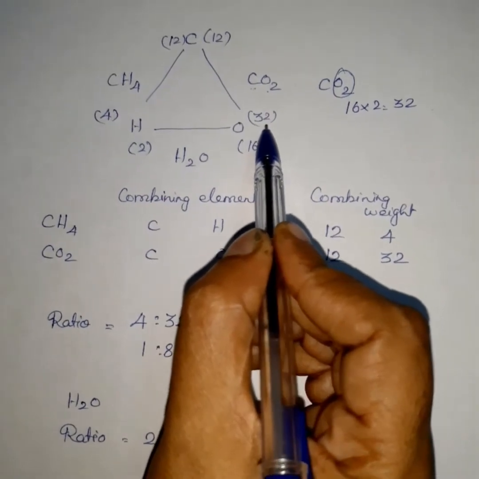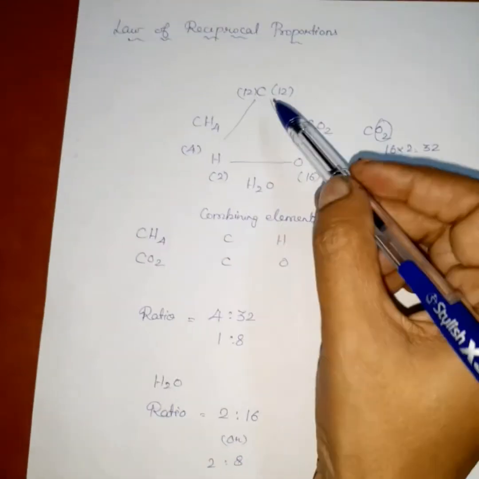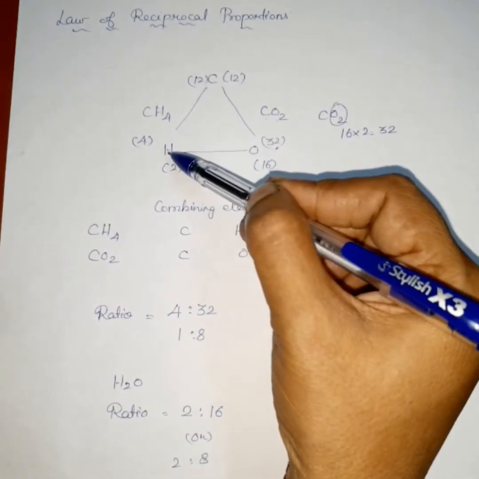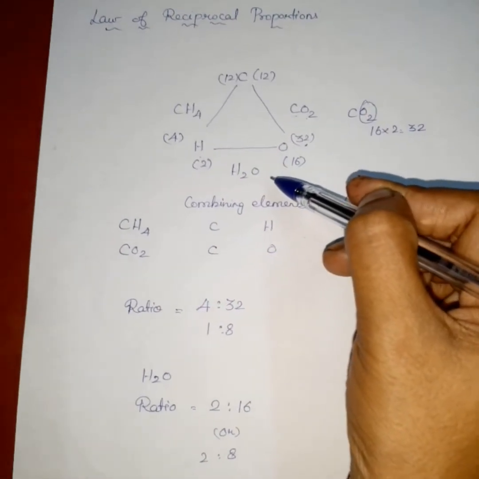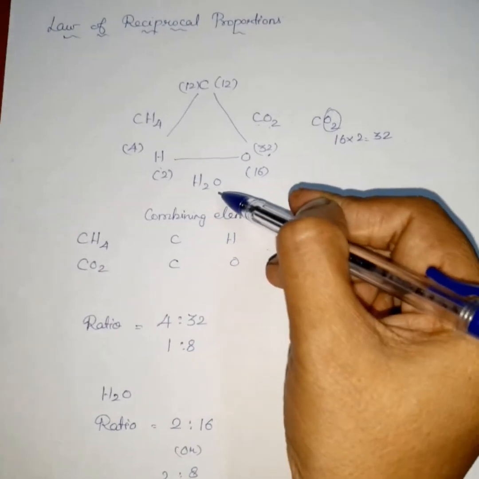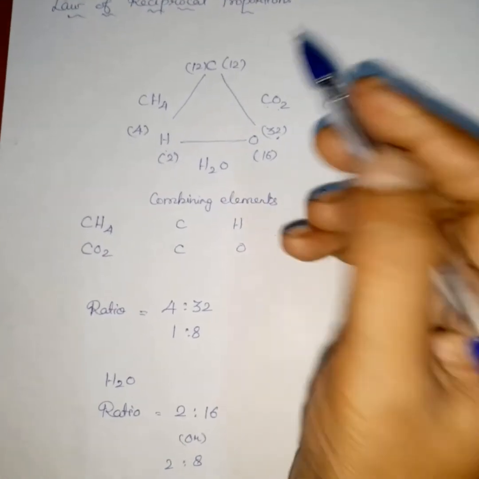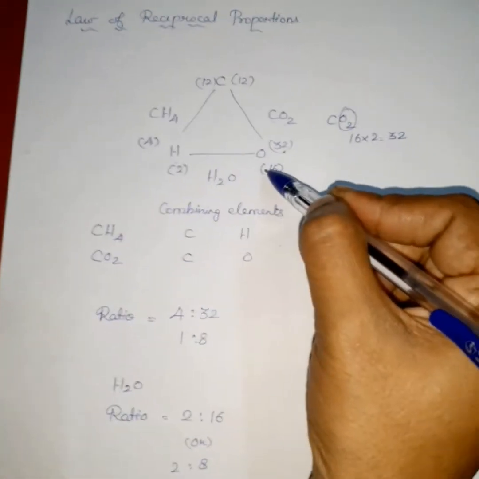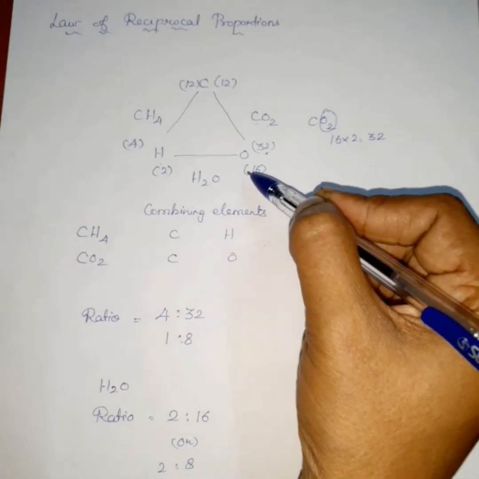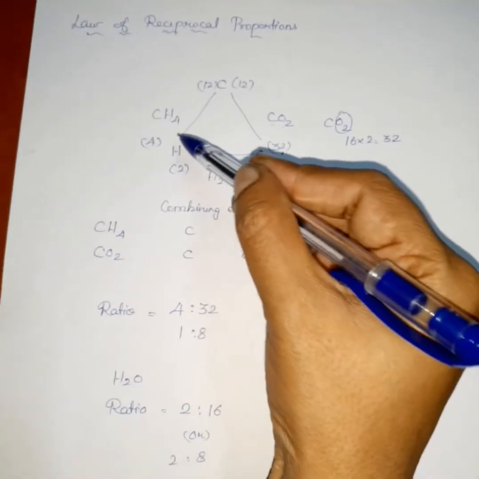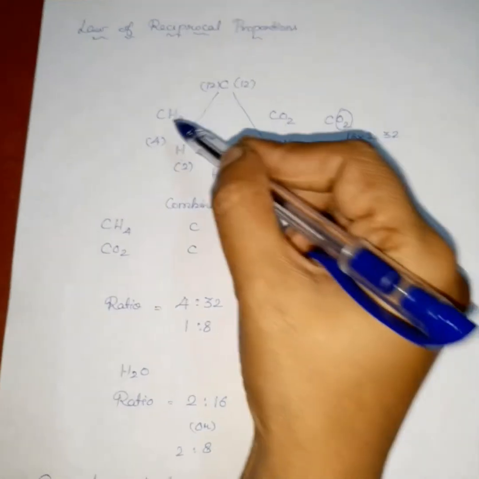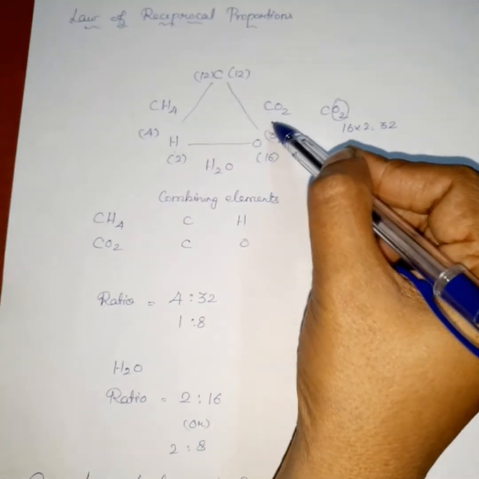Okay. So here listen, hydrogen and oxygen combine together to form what? H2O, water. So hydrogen and oxygen combine separately with the same weight of carbon to form methane and carbon dioxide.